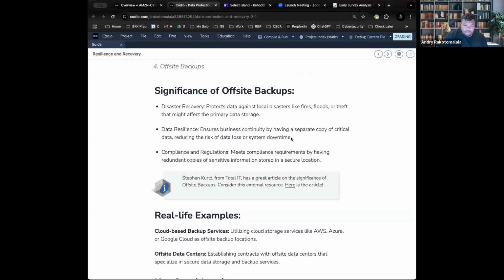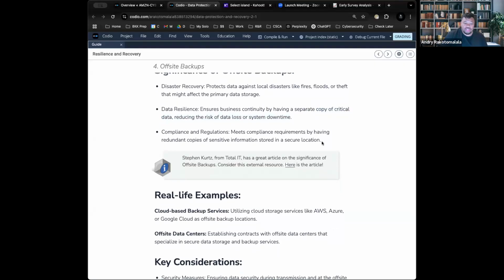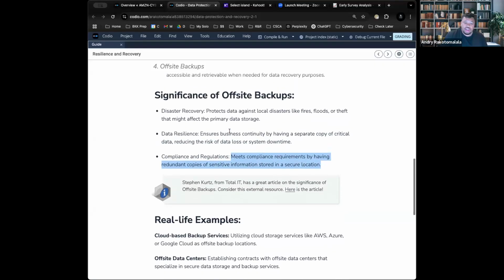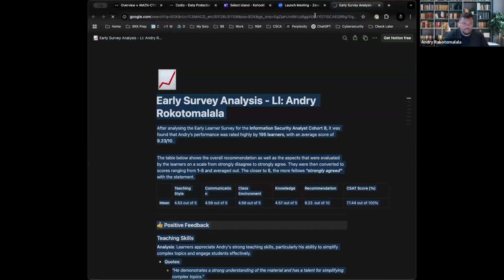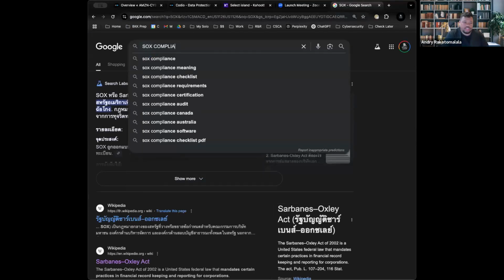Data resilience. So that's making sure that you have a copy of critical data. So that just means creating a backup of a backup, right? Resilience and regulations. So this is centered around making sure that you're meeting the requirements of any compliance standards that you're trying to talk about. For this one, we have SOX compliance.